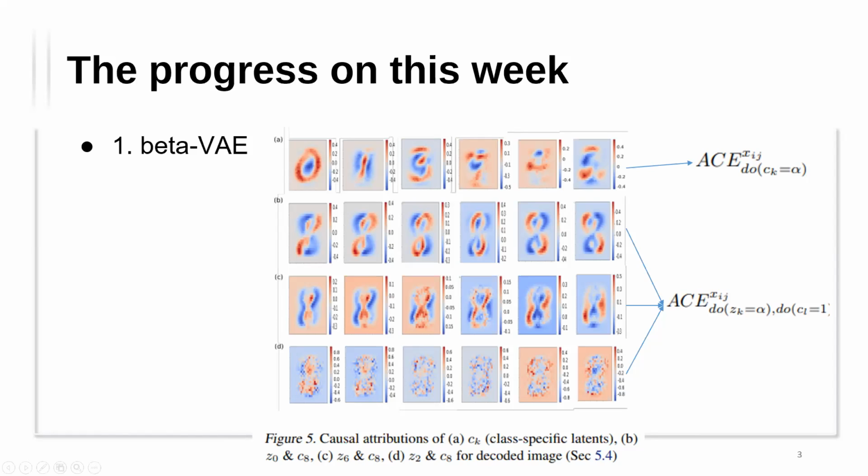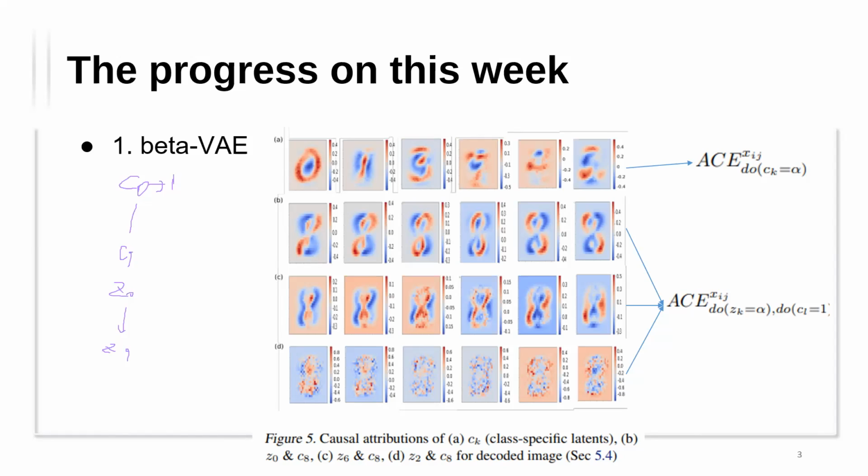So the point is that you have C0 to C9, and Z0 to Z9. Assume that C0 is 1. It means that you are going to generate a digit with the shape of 0.